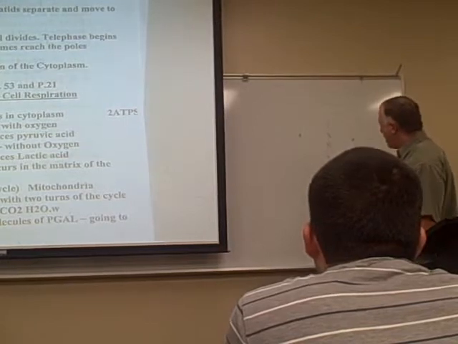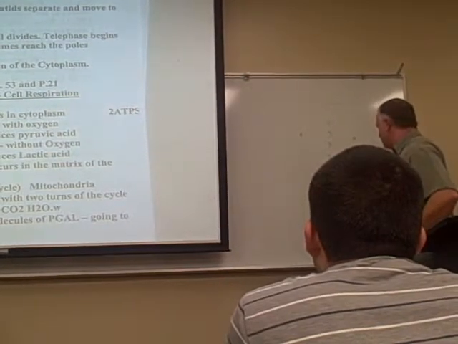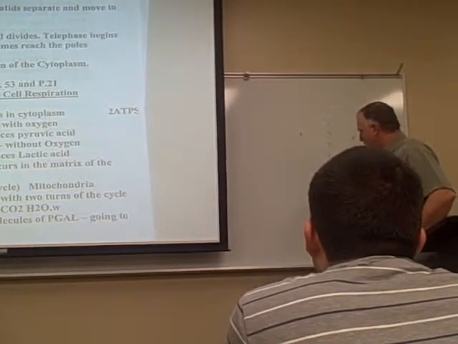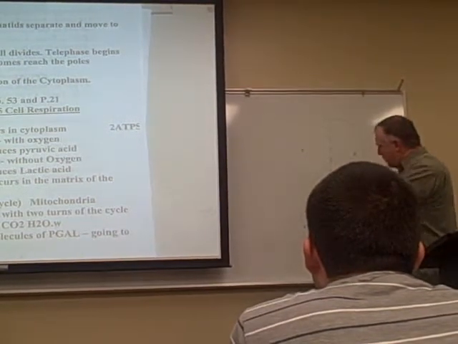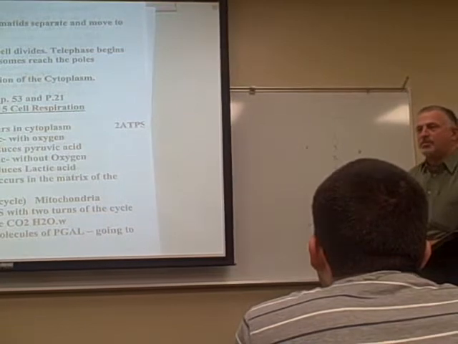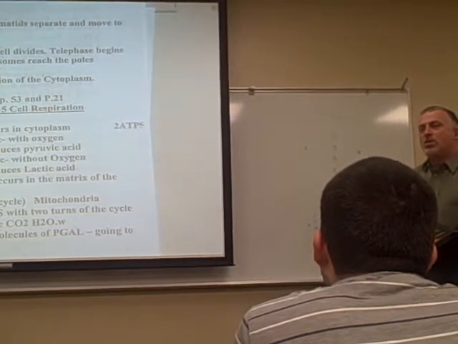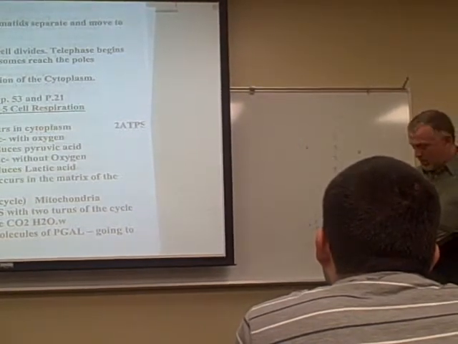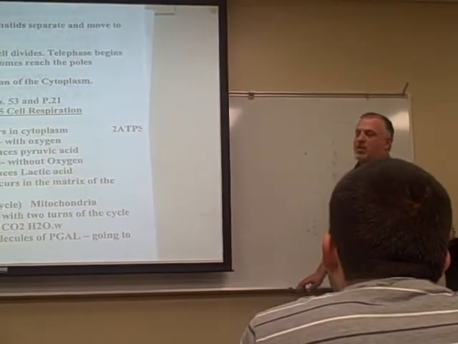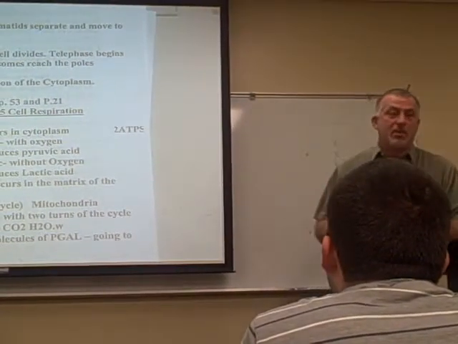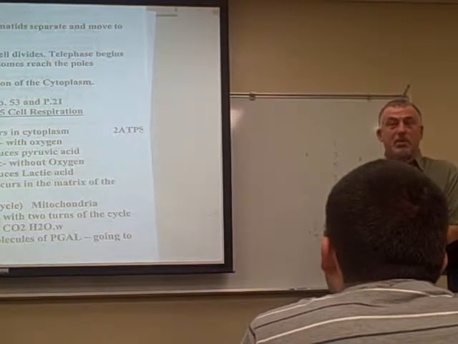And when they moved to opposite poles in anaphase, we have chromatids moved to opposite poles. These are what's called sister chromatids, also known as homologous chromatids. Homologous means the same. Sister means out of the same gene pool, basically.